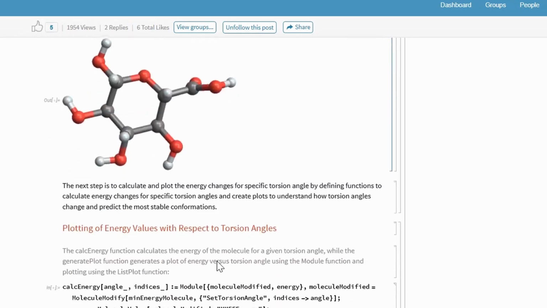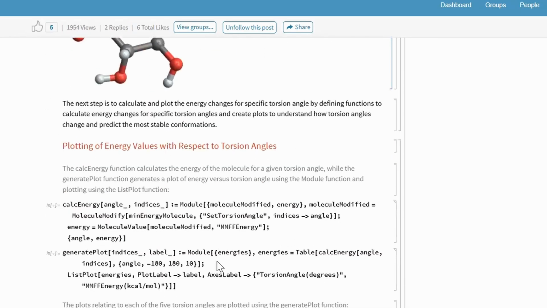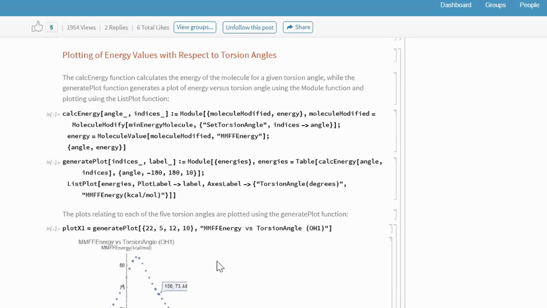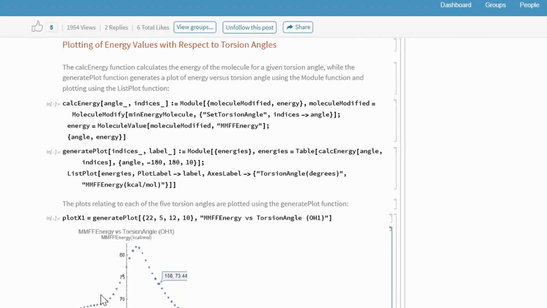And after that, as I mentioned previously, we look at the energy, and we plot the energies with respect to movement in torsion angle. So this is the torsion angle movement of one hydroxyl group. If you look at the graph, you'd see that at these particular points it's relatively stable compared to the instability right over here.